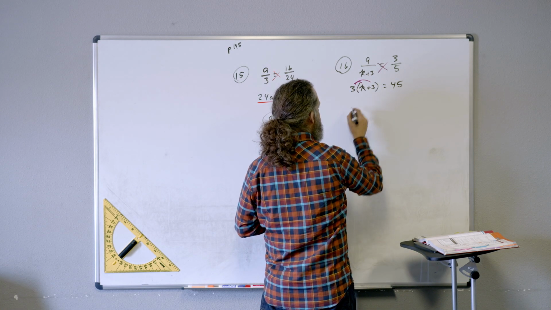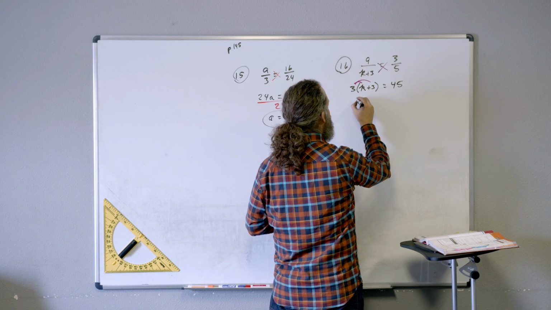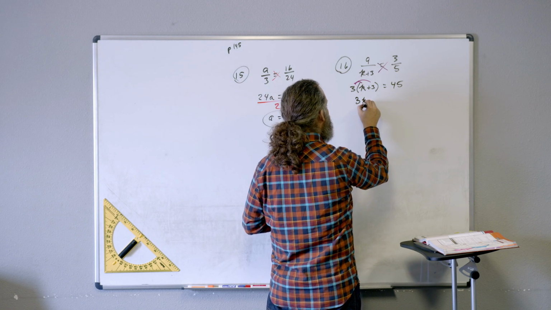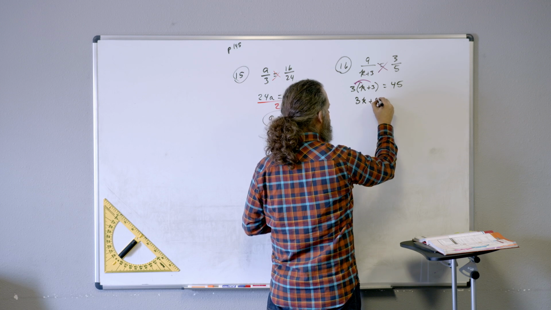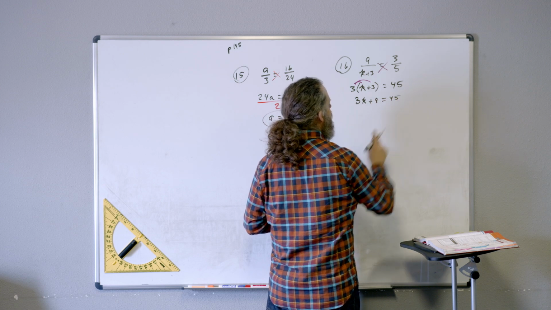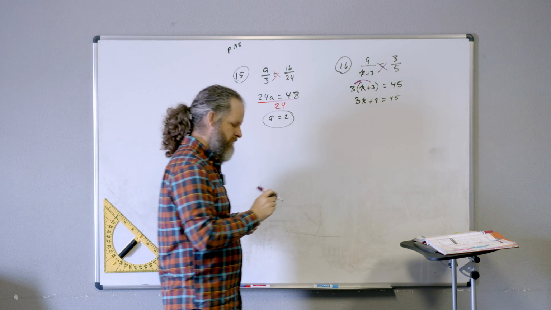Not on this problem. What's 3 times k? 3K. And 3 times 3 is 9. That's true. Now what? Subtract 9.